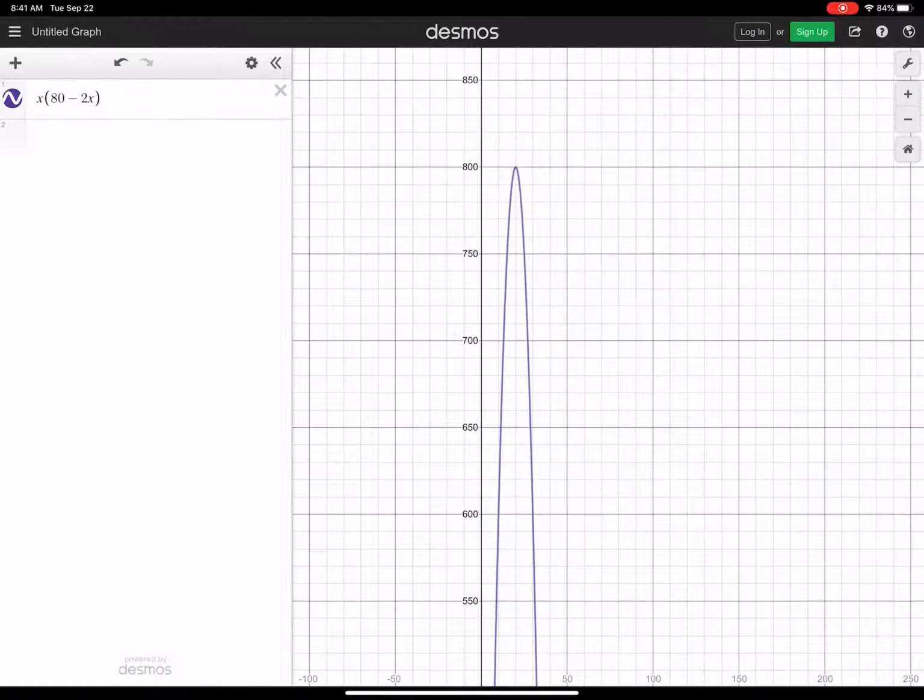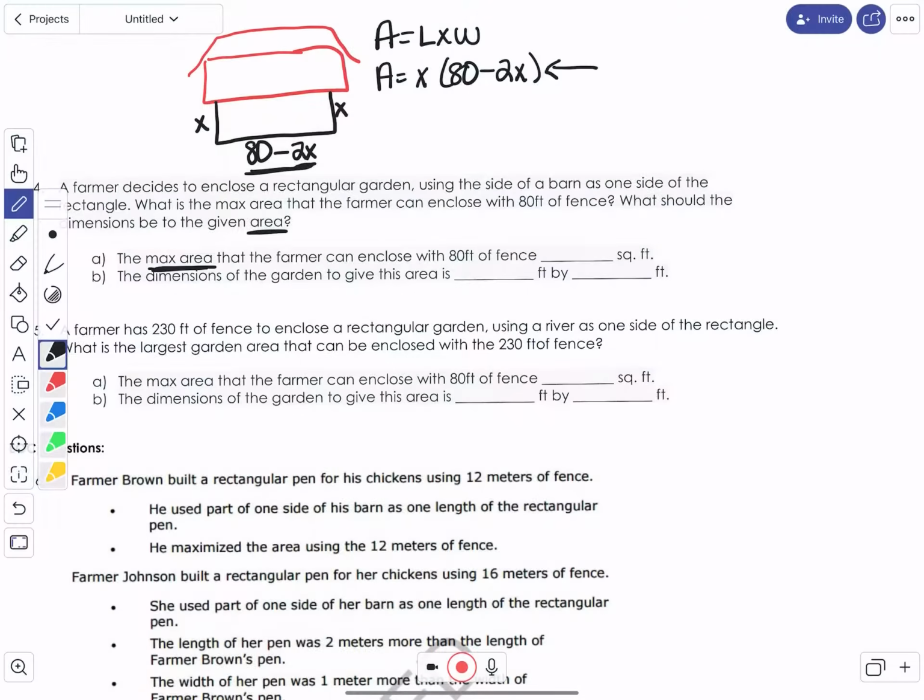Okay, now there's your parabola. If you go to the top here, your y value is your maximum area. 800 is your maximum area. Okay? So 800 is your area.